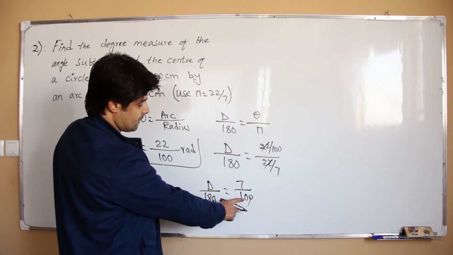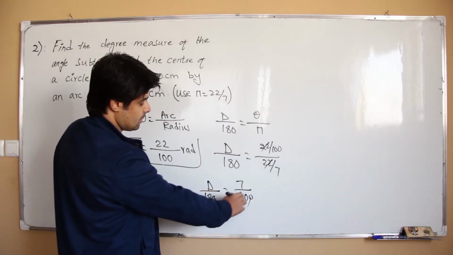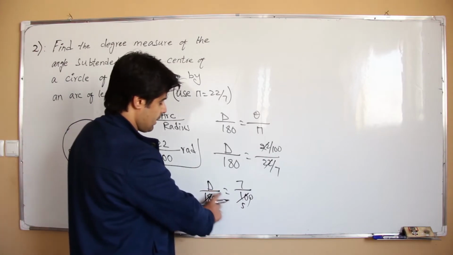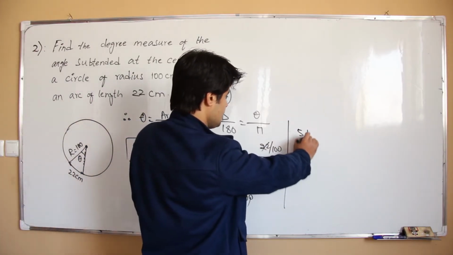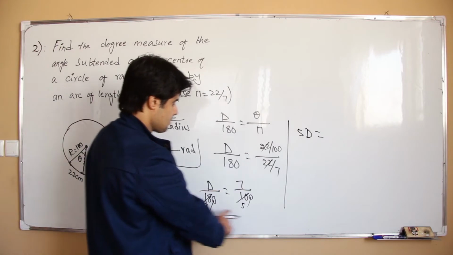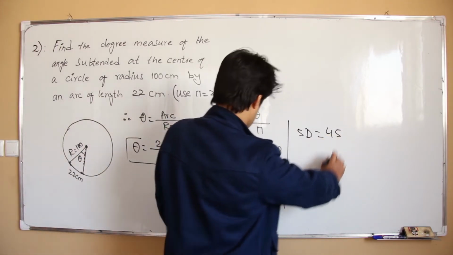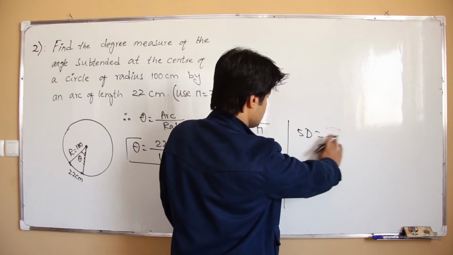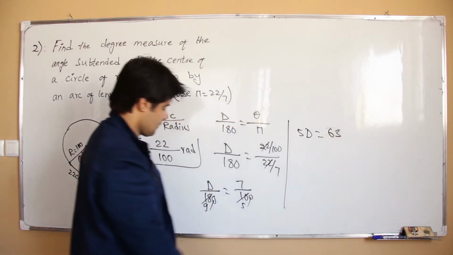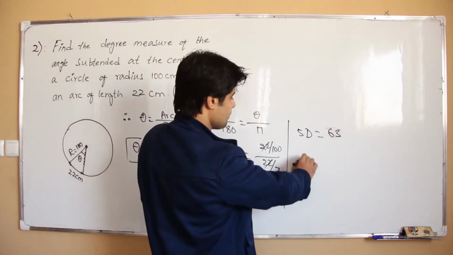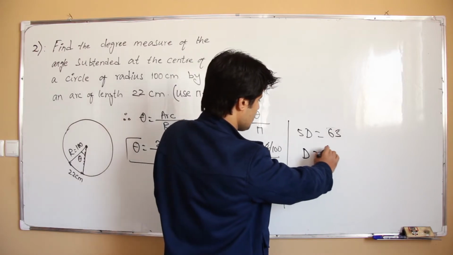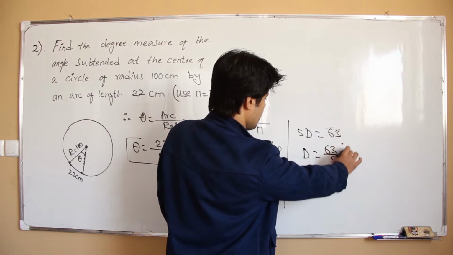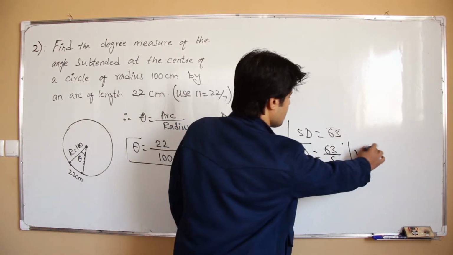And we will have a cancellation between 10 and 180 with 2, 5. This is 9. Now 5 times D is 5D, and 7 times 9 is 63. Now divide both sides by 5. So it would be 63 divided by 5, and the measurement is in degrees.